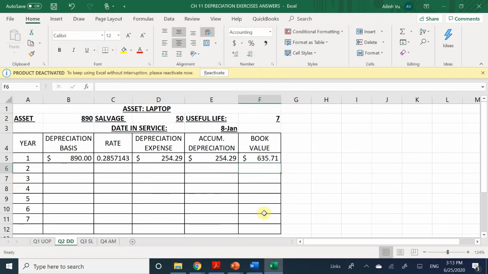Okay, so what do we do next? Well, we transfer that to the basis for the beginning of the following year. That is correct. And we multiply that by the rate. So 635.71 times 0.2857143. Wow, what a large number.